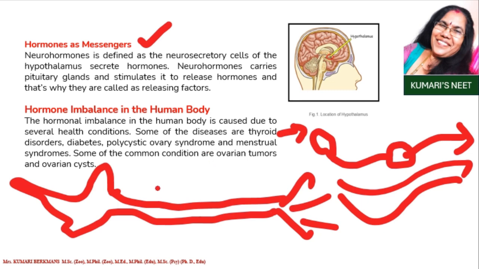If the ovary does not secrete the hormones in a proper or balanced way, we get that. The menstrual syndrome also occurs because of that. Some of the common conditions are ovarian tumors and ovarian cysts. So we have to take care of each and every gland, it is very important for us. Hormonal imbalance causes so many disorders.